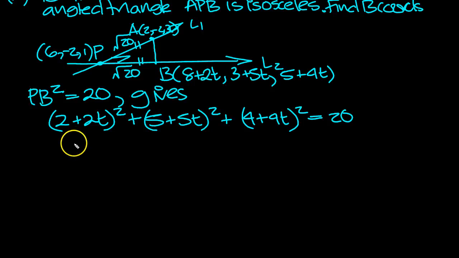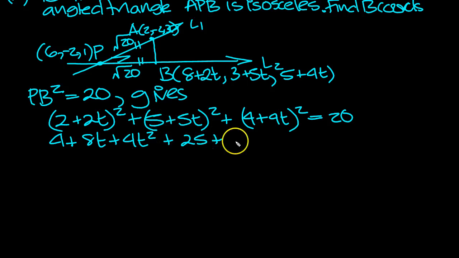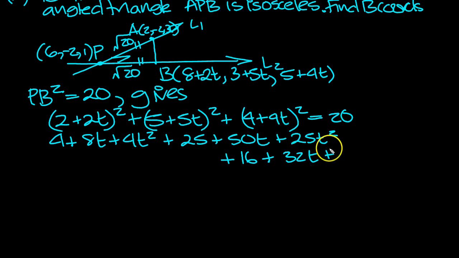So now it's just a matter of working out this quadratic, finding t. So we've got 4 plus 4 and 4 is 8t, plus the 4t squared when we expand that bracket, plus 25, plus 2 25s are 50t, plus 25t squared, plus 16, plus 16 and 16 is 32t, plus this squared is 16t squared, equals 20.